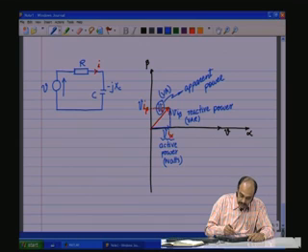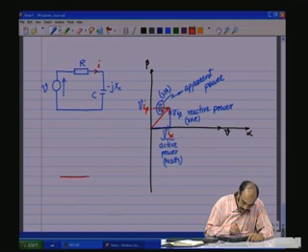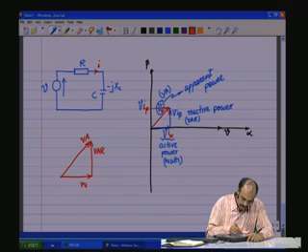So, this triangle, if we write it here, we have watts, we have reactive VA, and the resultant which is VA.